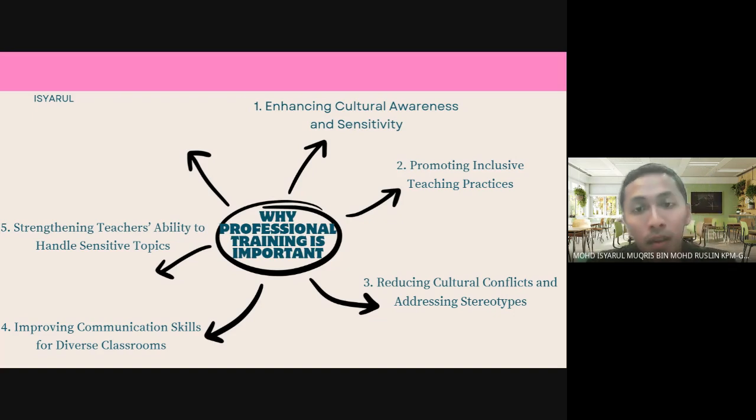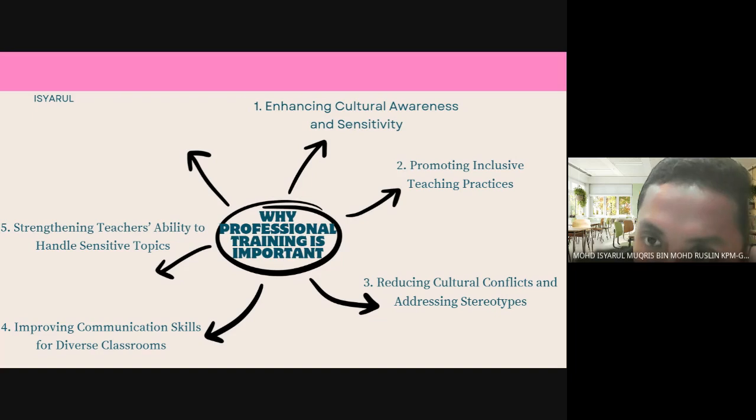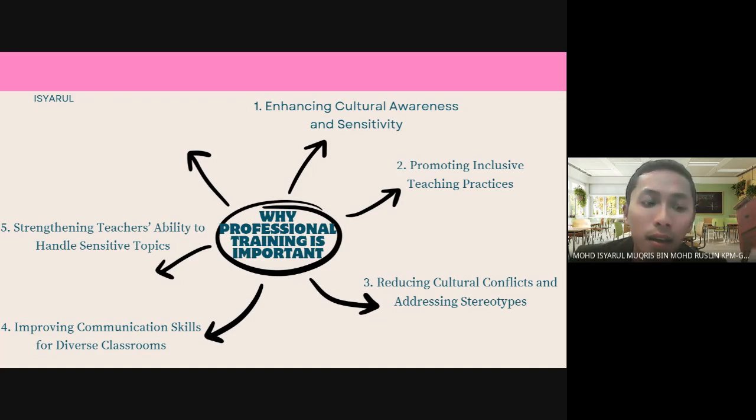Okay. Number two, we have promoting inclusive teaching practices. For example, a history teacher trained in cultural inclusivity might revise lesson plans to include the contribution of all major ethnic groups in Malaysia's independence, rather than focusing on one dominant narrative.